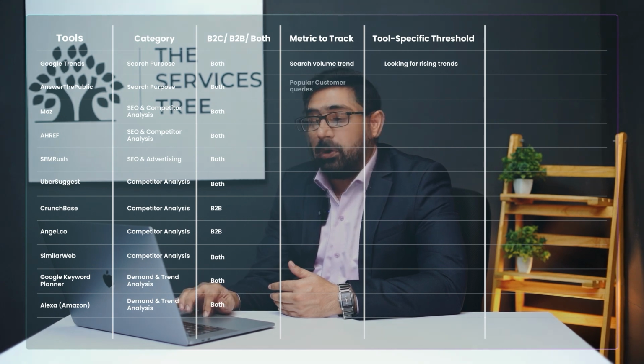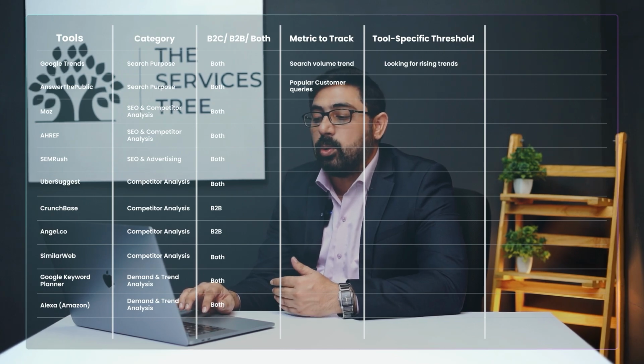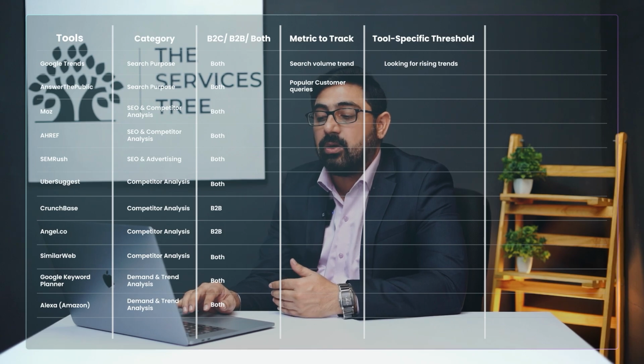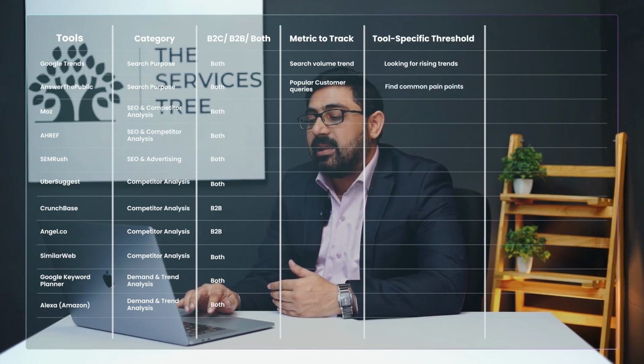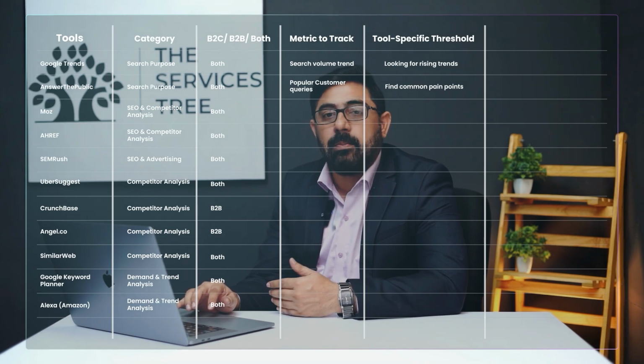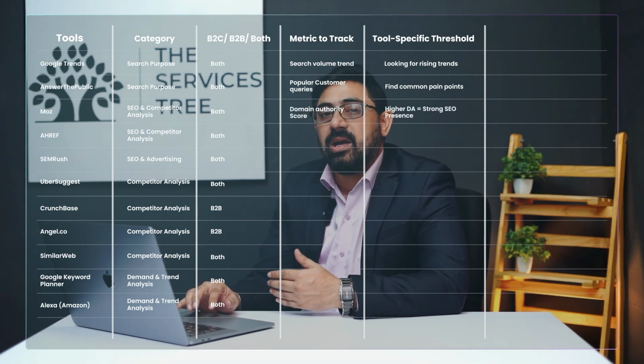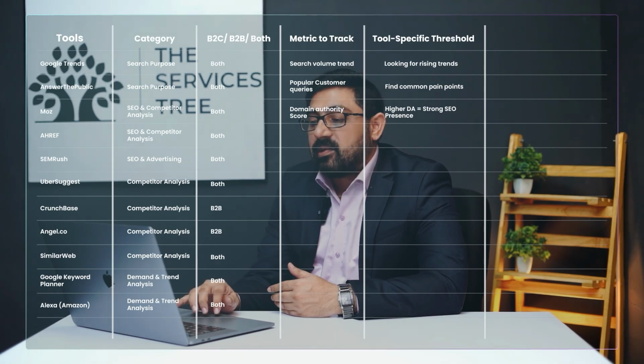And if you are looking for popular customer queries nowadays on which you have to make your value proposition or you have to decide your segment, you can go with the Answer the Public tool, and it can get you common pain points in a certain industry according to the customers of that particular segment. Similarly, there is Ahrefs.